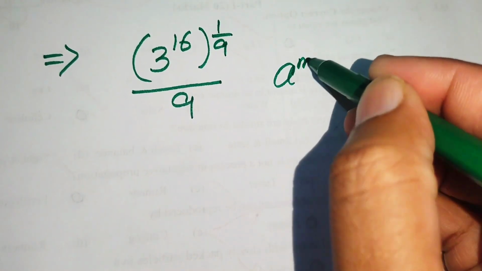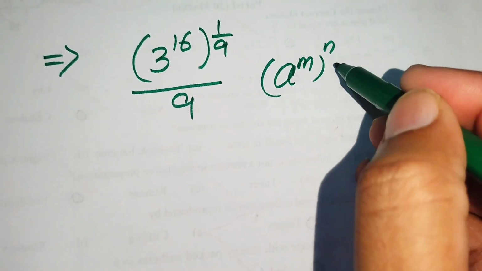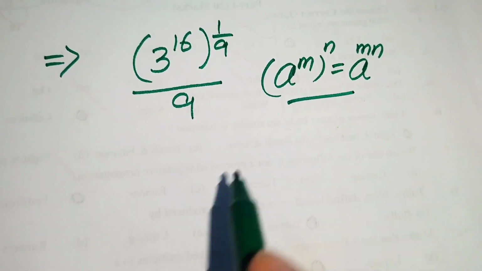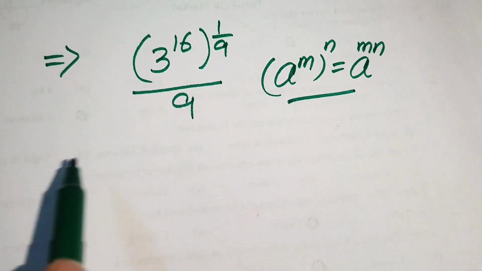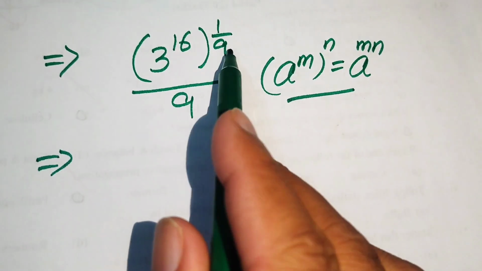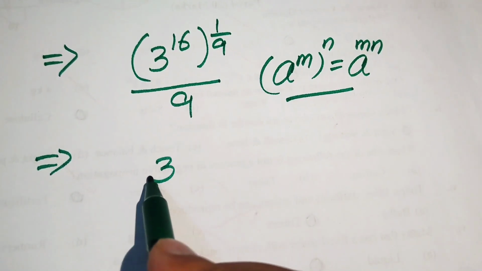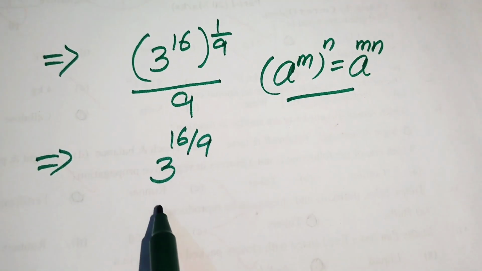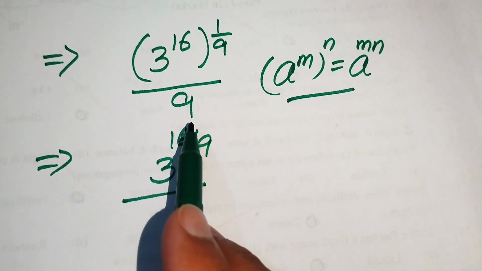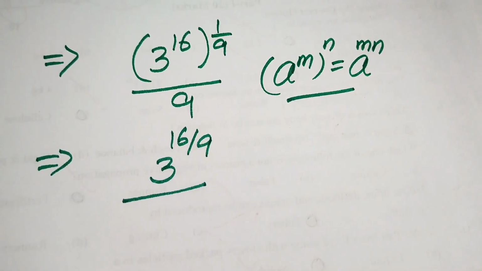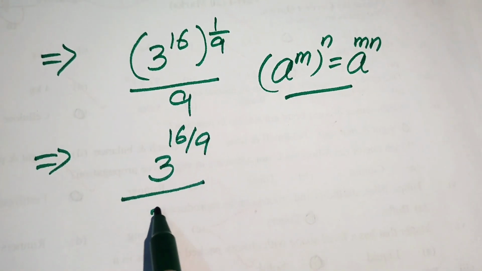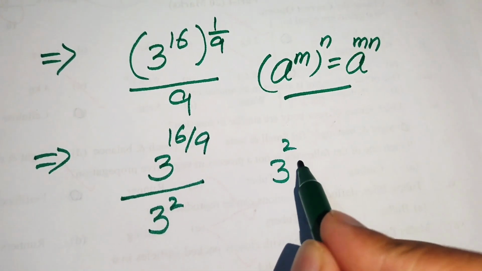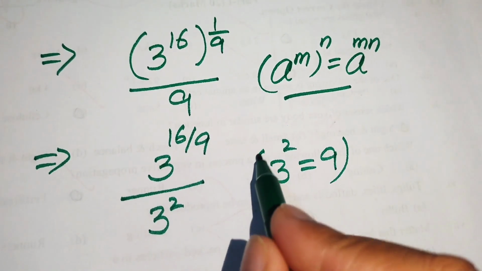If you have a to the power of m to the power of n, it is equal to a to the power of m times n. According to this law, we multiply these two terms, and it is written as 3 to the power of 16 over 9, and in the denominator is 9, and we write this denominator as 3 square. We know that 3 square is equal to 9.